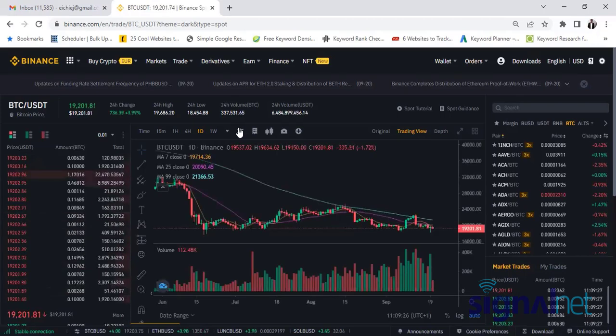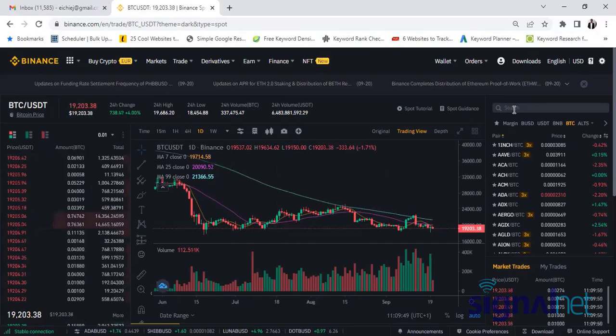Now, depending on the cryptocurrency that you're looking at, it will show the chart here. Right now, by default, it usually goes to BTC USDT. That's like BTC against Theta. That's against $1.